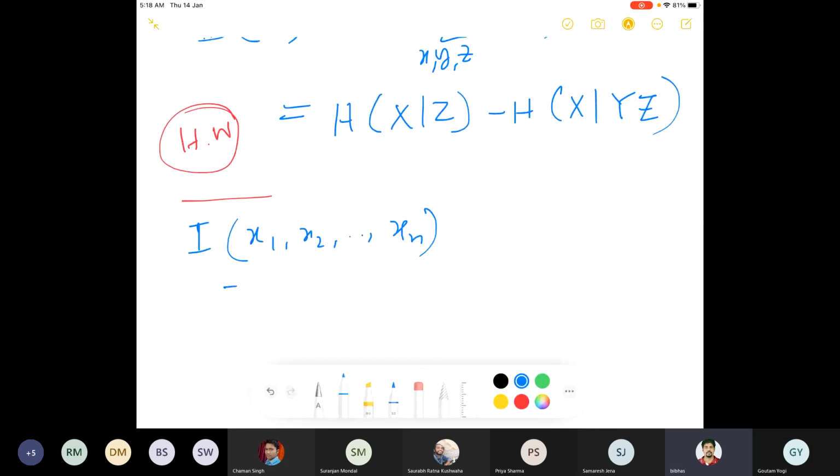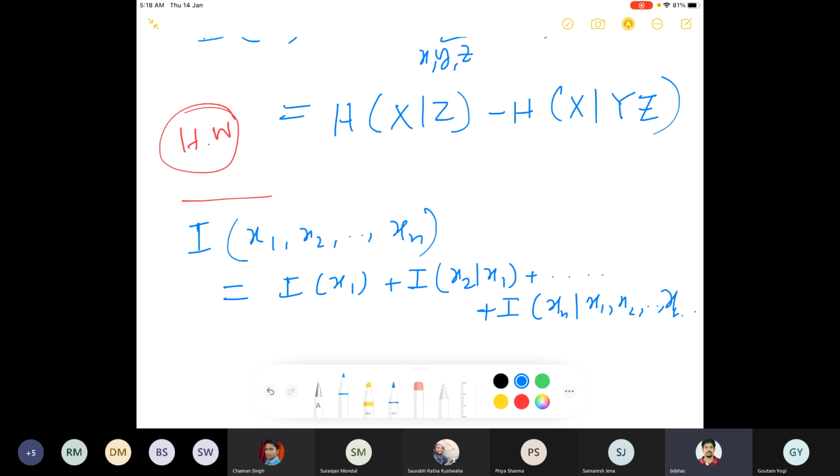That can be proved to be equal to, using the conditional self information, I of x1 plus I of x2 given x1 plus dot dot dot plus I of xn given x1, x2, up to xn minus 1. It has a very interesting meaning, by the way.